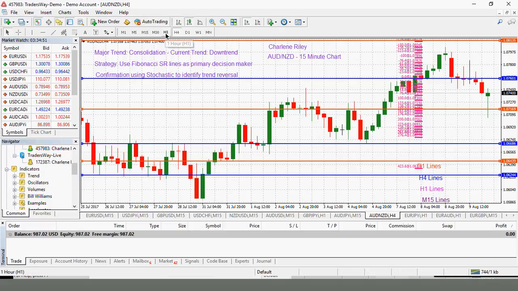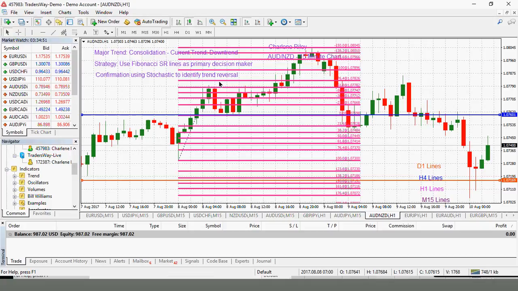Now look at my 1 hour chart, and we see that the market has been in a downtrend, but now has reversed and is moving upwards, going into an uptrend in the last couple of hours.